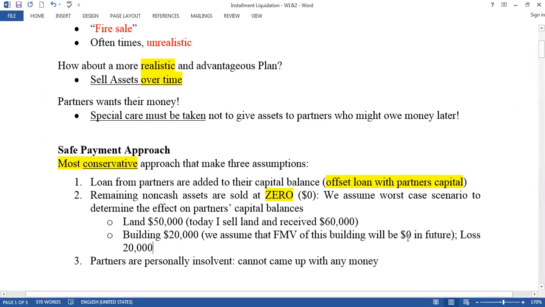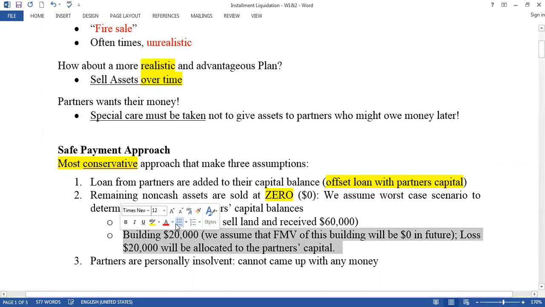This loss we have to assume from the very beginning, and this $20,000 loss will be allocated to the partners' capital. This is an assumption you have to think about from the very beginning.